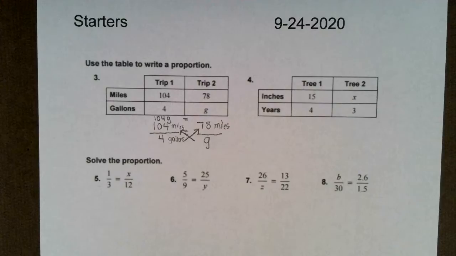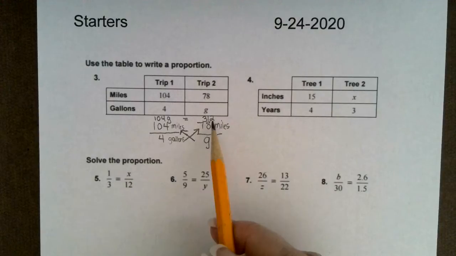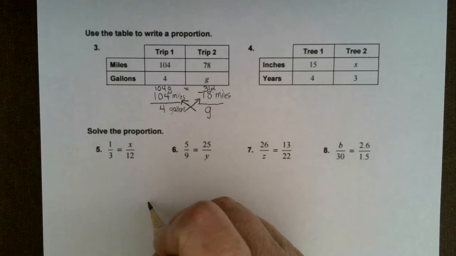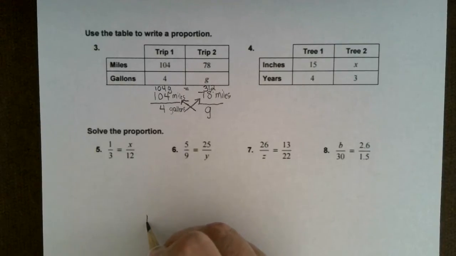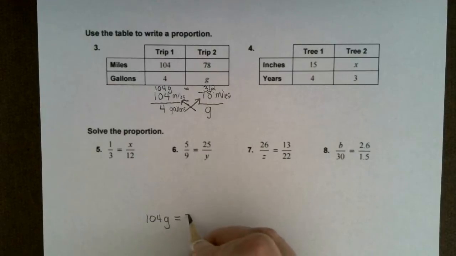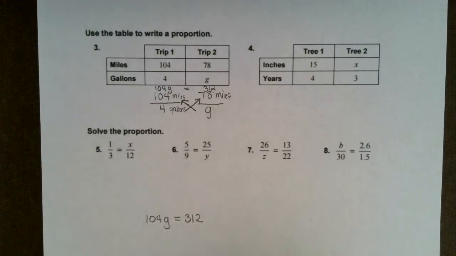And remember that these things have to be equal. So I'm going to come down here and I'm going to say that we've got 104G, and that equals 312. Remember, we're trying to get the G alone because I just want to solve for 1G.